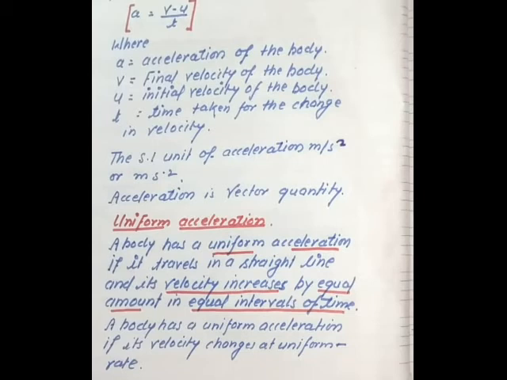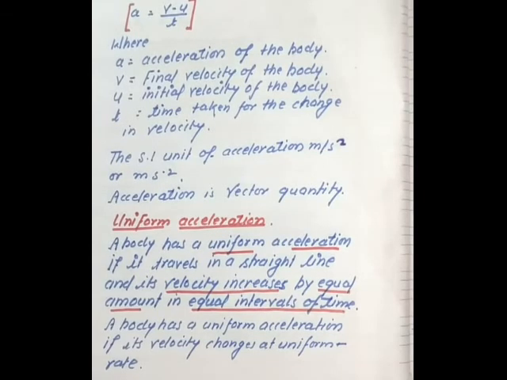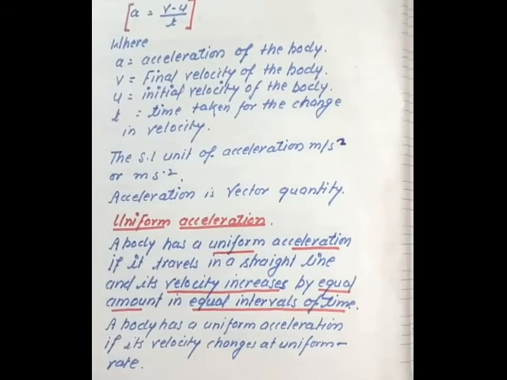There are some examples of uniform acceleration. The motion of a freely falling body is an example because the resistance is negligible at that time. Another example, the motion of a ball rolling down an inclined plane.